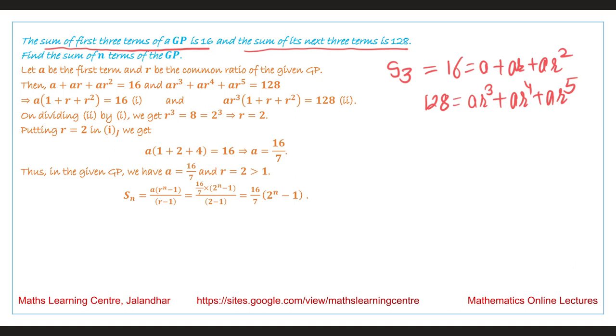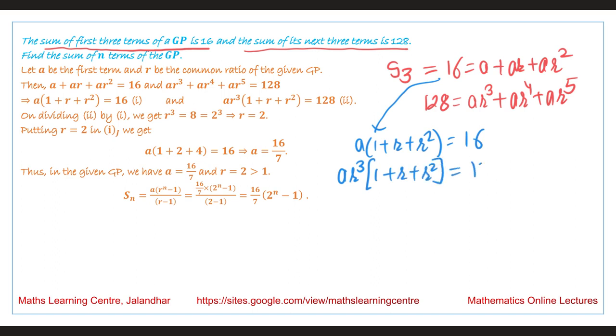Now from these two equations we can write, from the first equation we get a into 1 plus r plus r square is equal to 16, and from the second equation we get ar cube into 1 plus r plus r square is equal to 128. So if we substitute this value in this equation, we will obtain 16 into r cube is equal to 128.